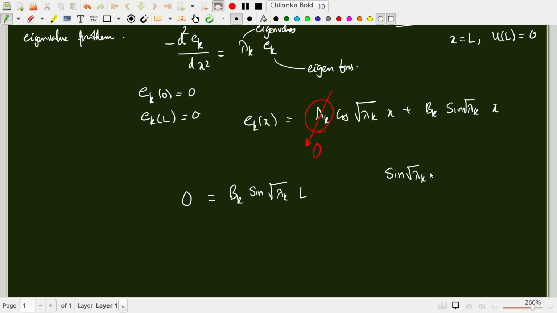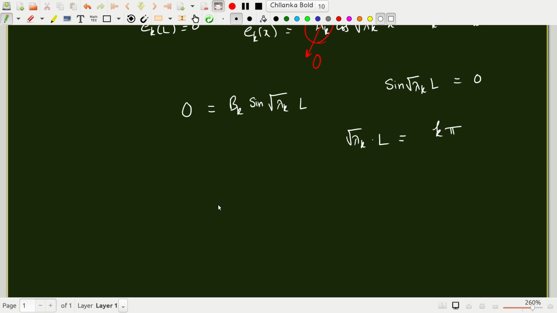So sine of root lambda k L is 0, or root lambda k times L should be equal to k pi. If I square this, I get lambda k is k squared pi squared by L squared. These are the eigenvalues, and here k can be 1, 2, 3, 4, any integer.